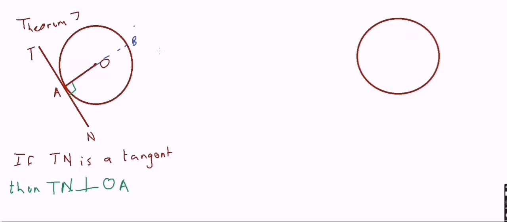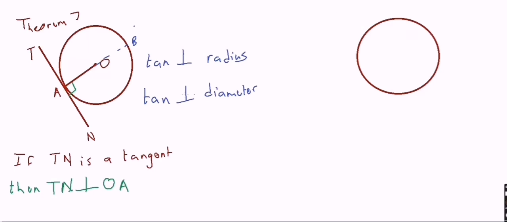So we say this is tan perpendicular to radius, if it's a radius, or tan perpendicular to diameter, if it's a diameter. So we can use either one depending on what we've just proven.